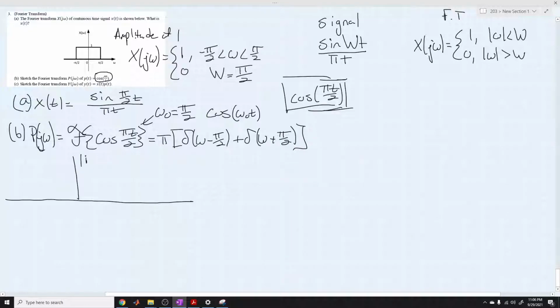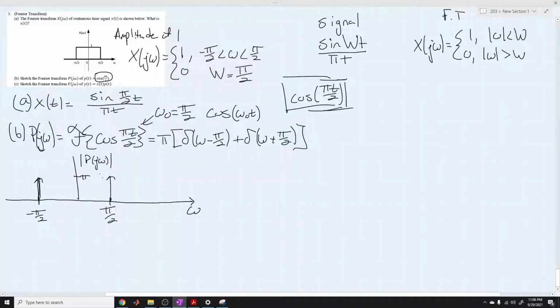And we can see here that if we make a plot and we have the magnitude of P of j omega right here, and we have this independent axis as omega, then if this is negative pi over 2 and this is pi over 2, we get an impulse right here and right here with a magnitude of pi.